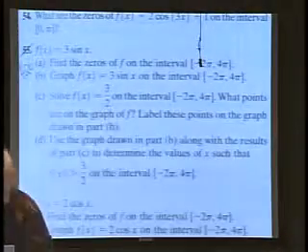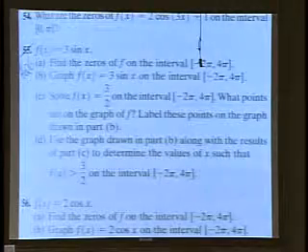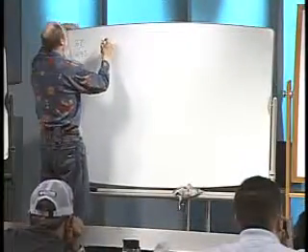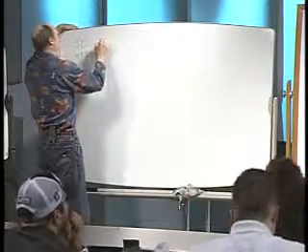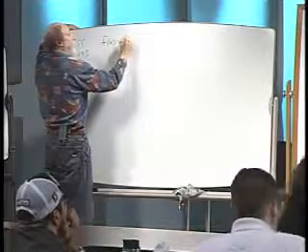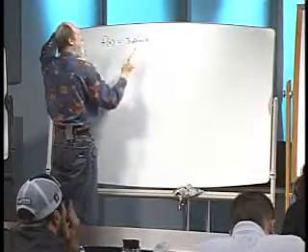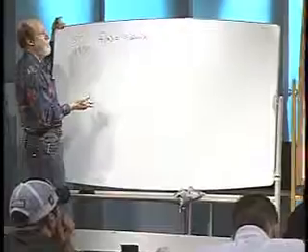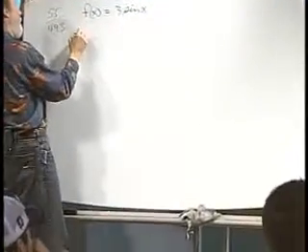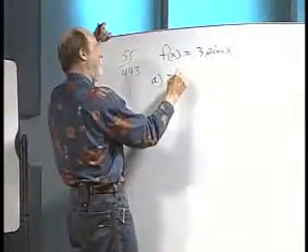If you jump to the computer, or to the overhead here, this is problem 55 out of our textbook on page 493. 55 on 493, and f of x is given to you as 3 sine x. Then it asks you a series of questions about this. It wants to know what the zeros are of this function.